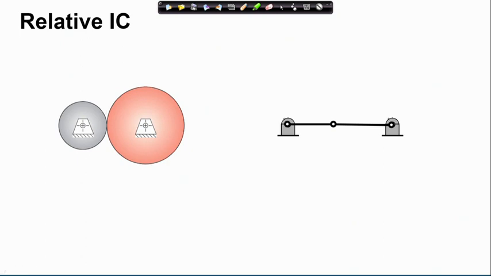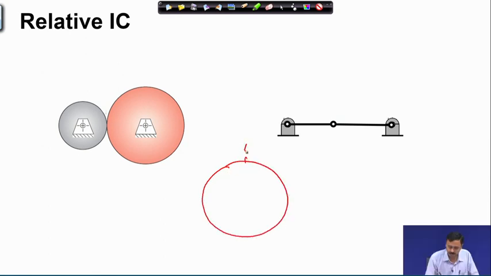Here is the final example. Here I have a chain with 3 links. So, this is 2, this is 3, ground is 1.